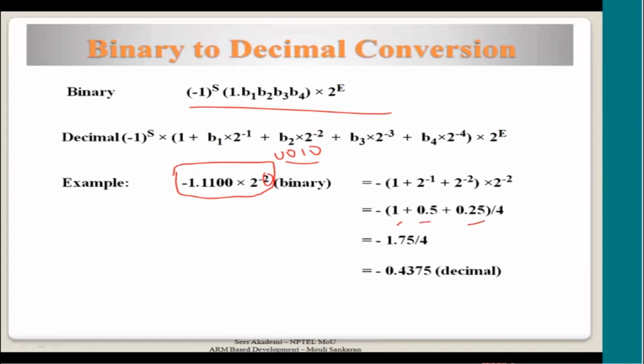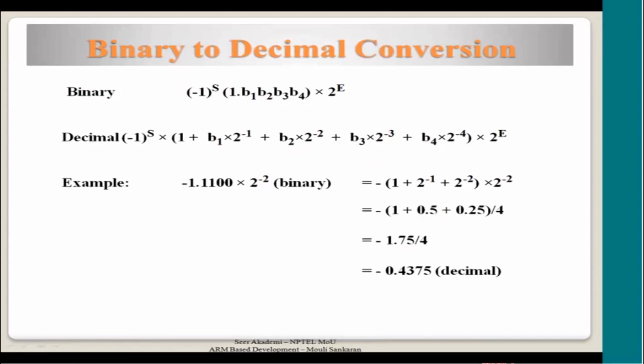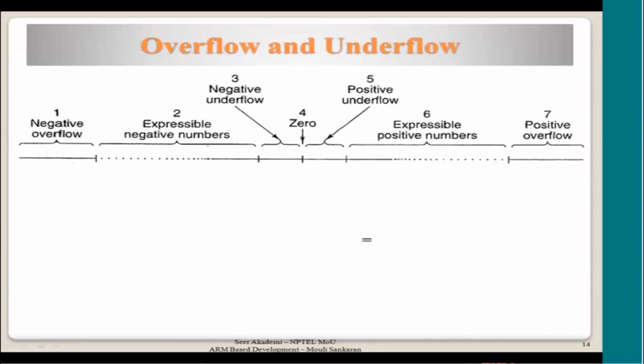These values are computed based on this bit pattern, and then 2 power minus 2 is nothing but 1 by 2, and then this by 4, and this is the decimal value. So finally, any bit pattern given in this form can be converted into a real number like this. That's what I am giving you as an example.